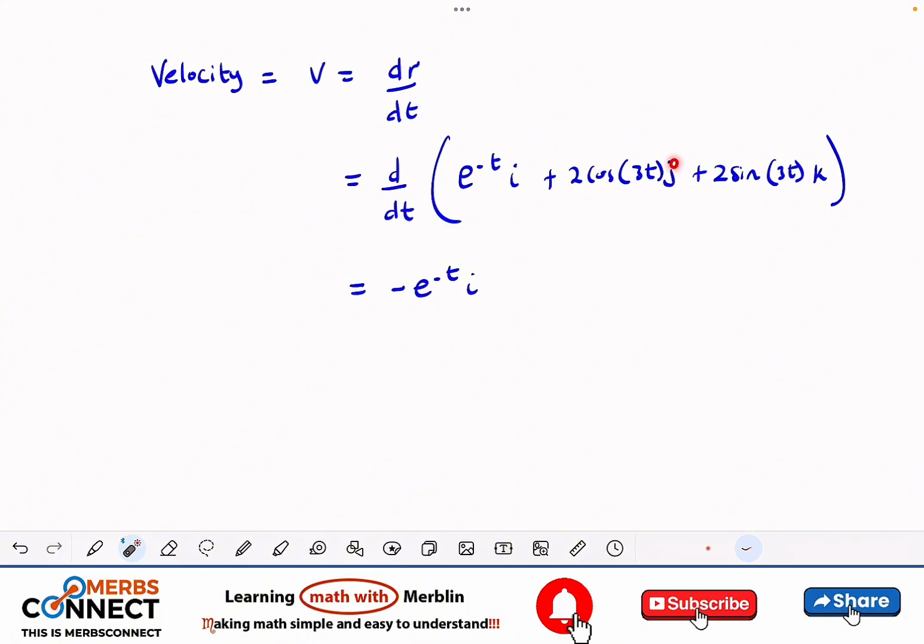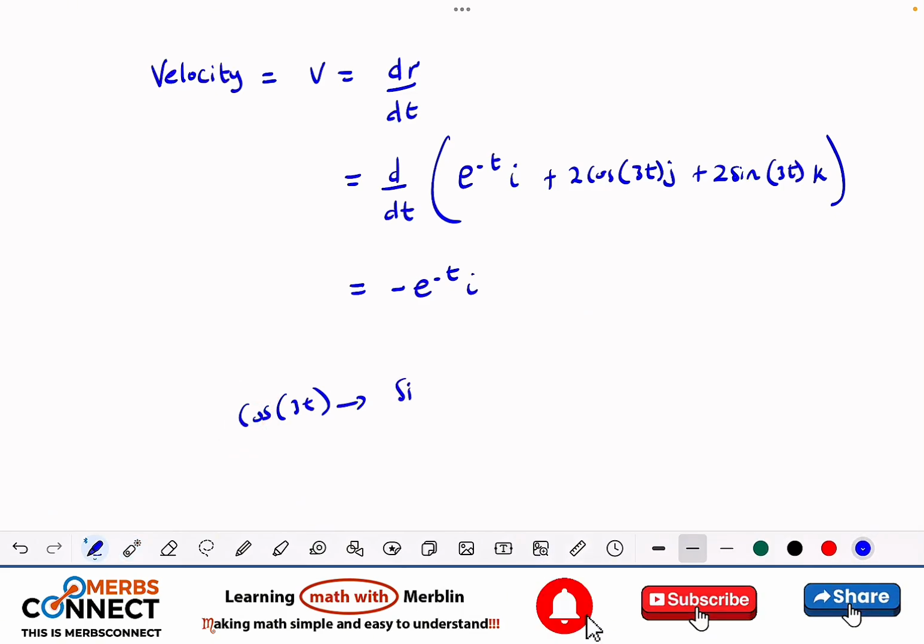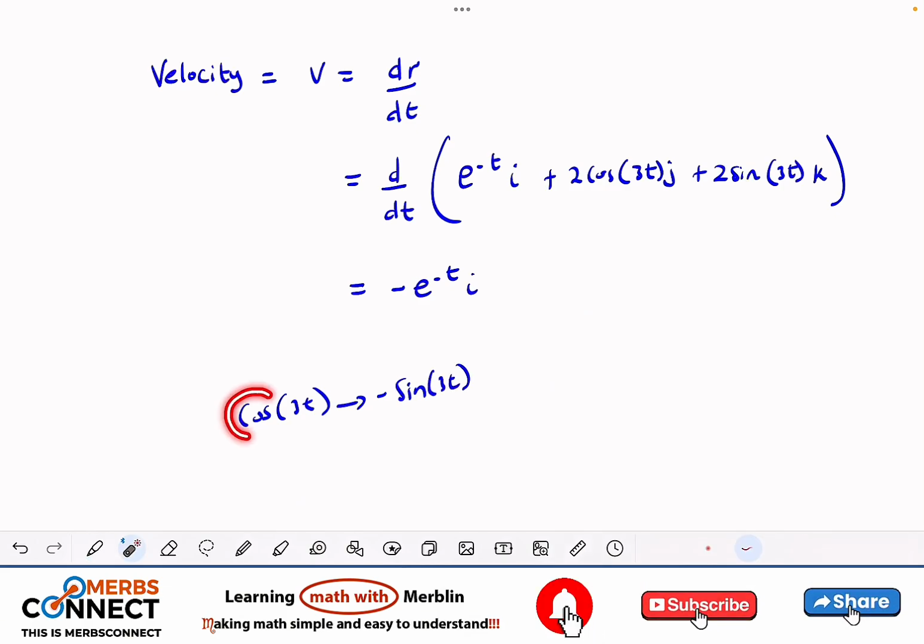Then now I need to differentiate this. If I want to differentiate cos of 3t, I need to use the chain rule. This is a composite function. First, when I differentiate the cos function, I get minus sine. Then when I'm done differentiating the cos, I need to differentiate what is inside the bracket with respect to t, and this is going to give us 3.